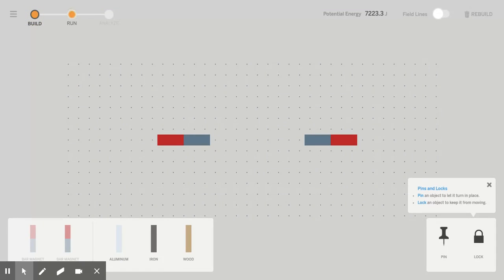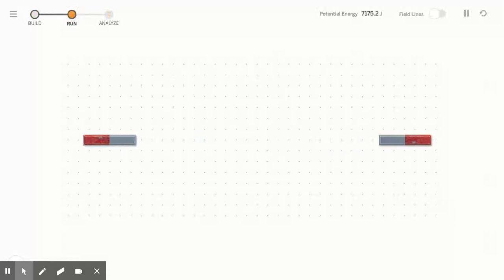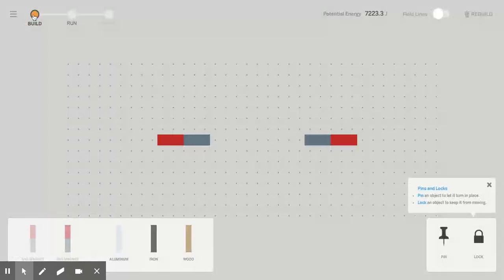So when I run it, let's see what happens. Again, the potential energy is dropping. That's interesting. Now for this last shot, let's do one more thing. I'm going to turn on the field lines so we can see the magnetic field.